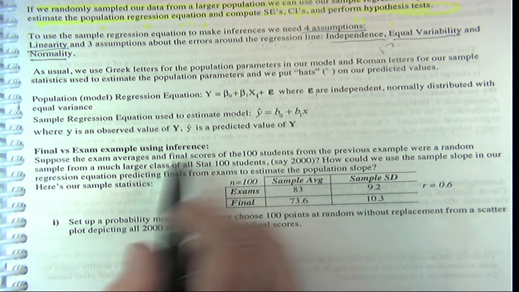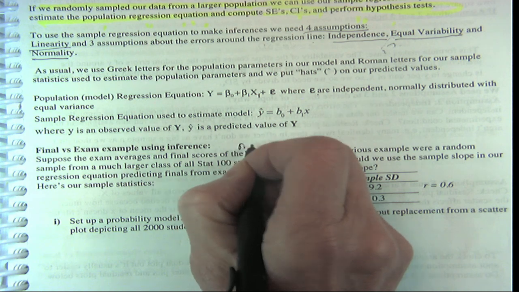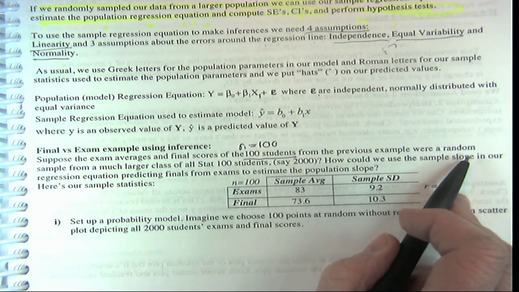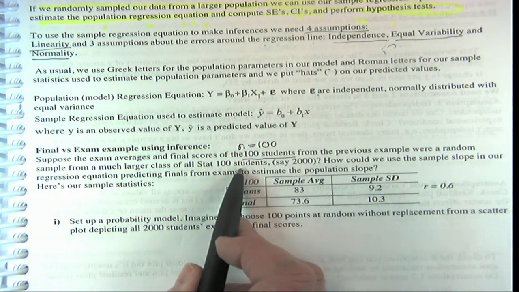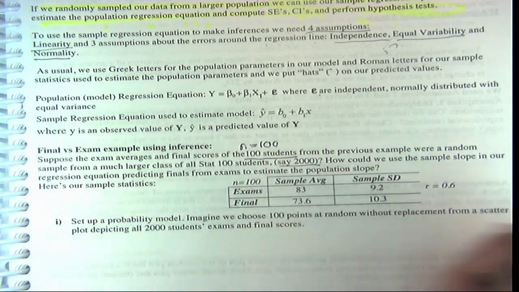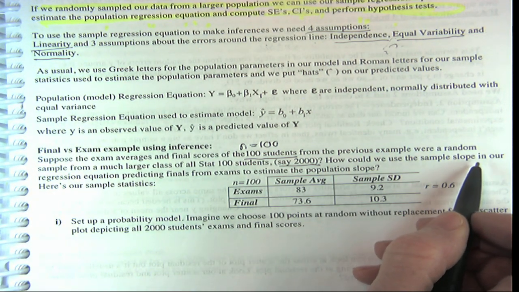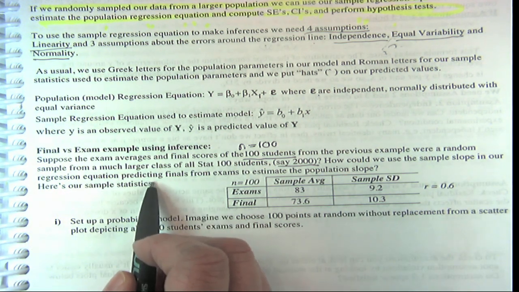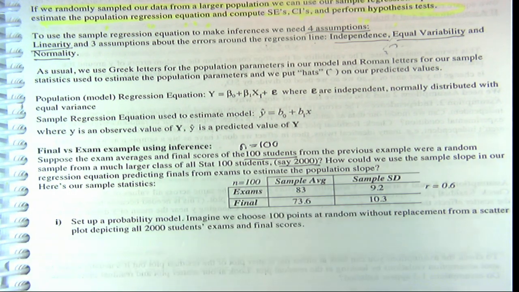This will just change n slightly, to make our calculations a little easier. So this is n equals 100 students from the previous example, a random sample from a much larger class of Stat 100 students. Let's say there were 2,000 in the big population. How could we use that sample slope, the 0.67 from our regression equation predicting finals from exams, to estimate the population slope?